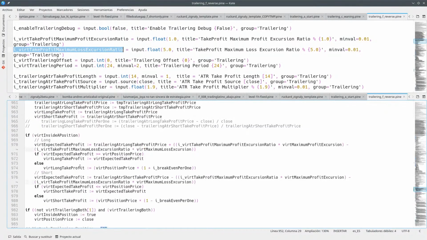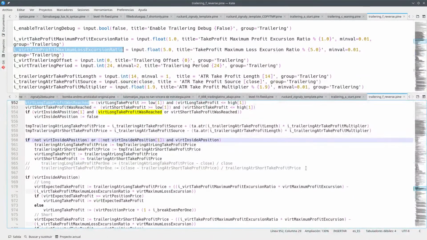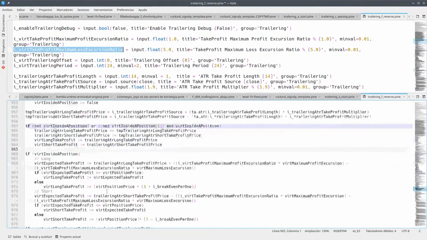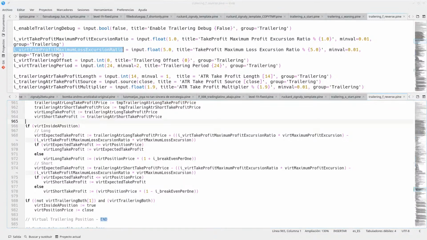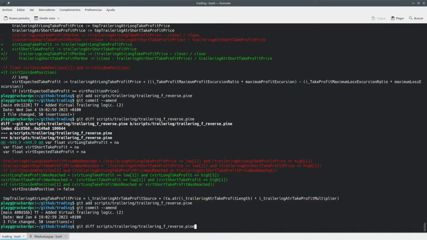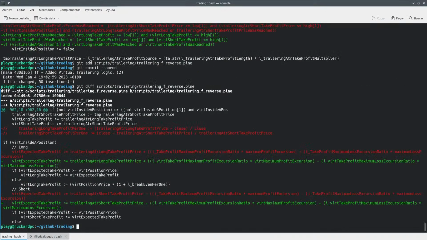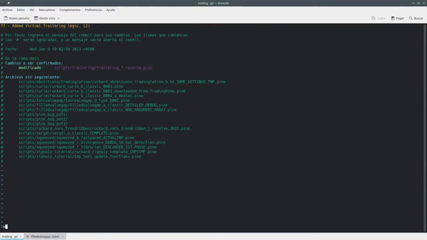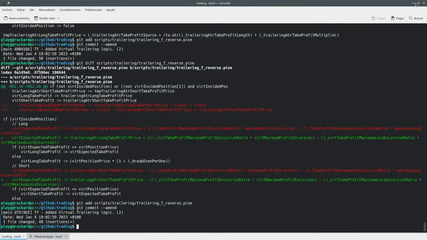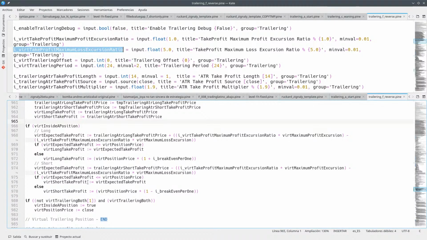Position price close. We don't need this. Okay. Commit amend. That's right.